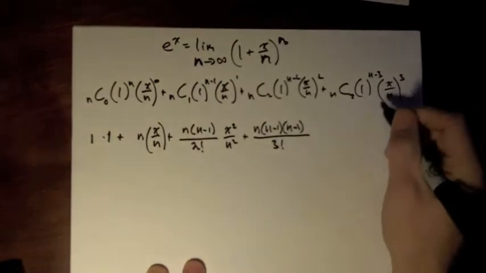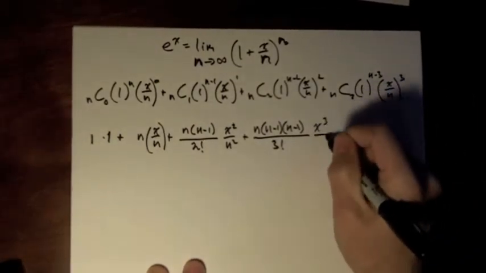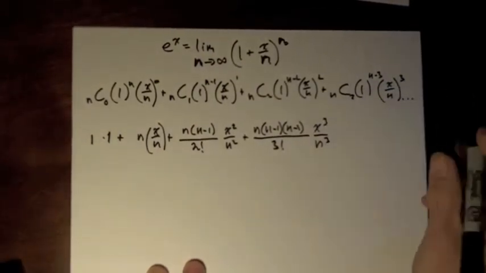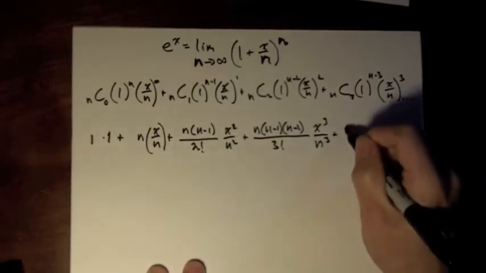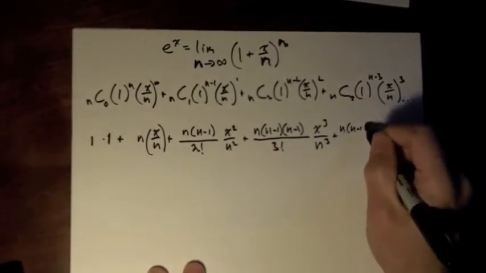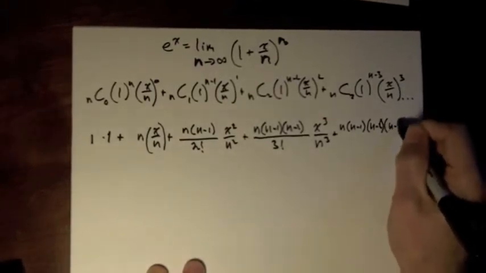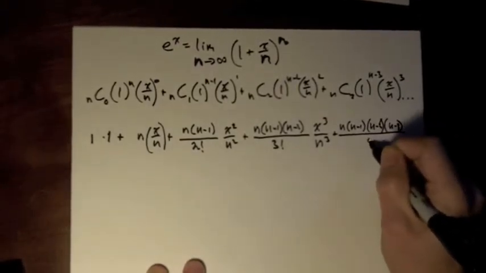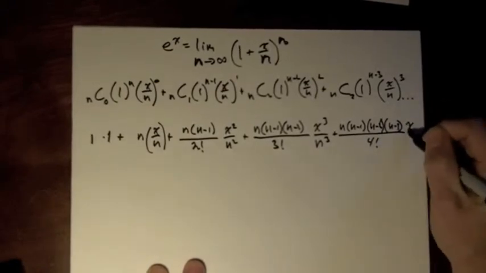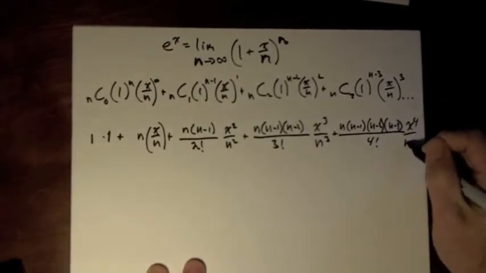And now we're going to have an x cubed over n cubed. And let's squeeze in one more here. n times n minus 1 times n minus 2 times n minus 3 over 4 factorial times x to the 4th over n to the 4th.